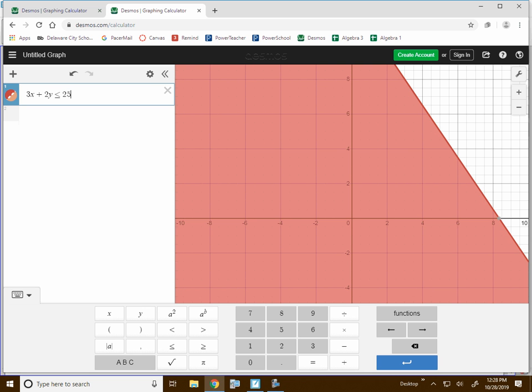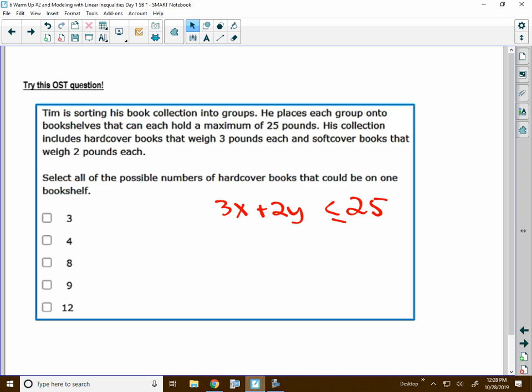Do I have that correct? Okay. Now, it says on there to select how many hardcover books you can have. Hardcover is which variable? X. And we know that because it was 3 pounds for each hardcover. So we know that since we put the 3 by the x, x is what we need to find.